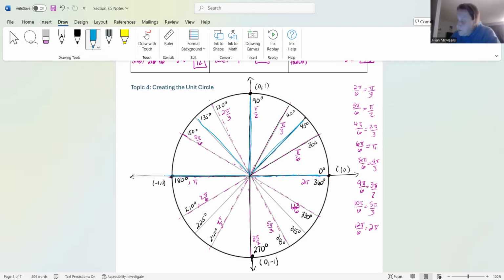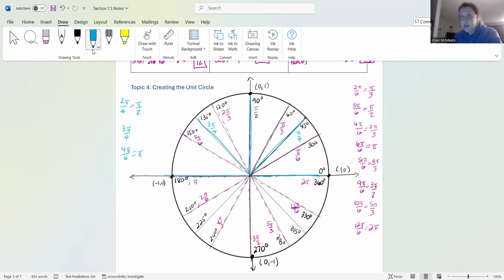So that would make this first one pi over 4. Next, we would get 2 pi over 4, which we know is pi over 2. It's already there. Then we get 3 pi over 4, which does not reduce, so this is 3 pi over 4. Then we get 4 pi over 4, which we know and love as pi, and it's already listed.